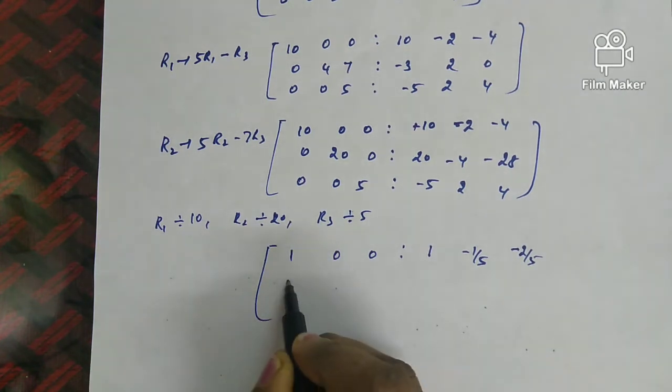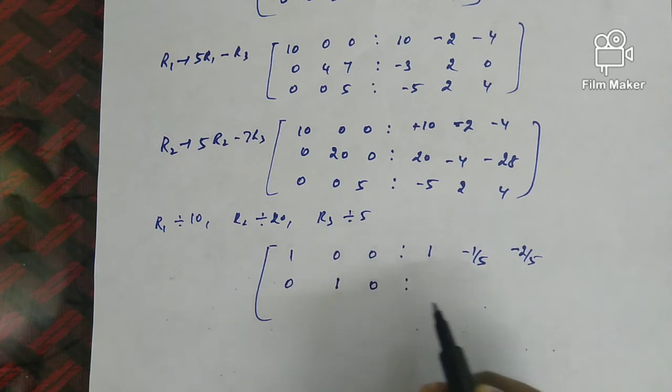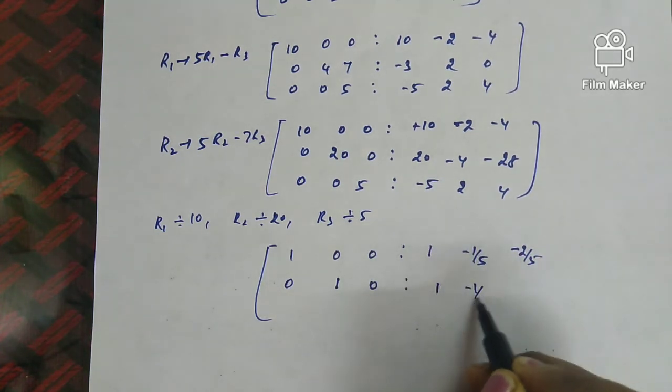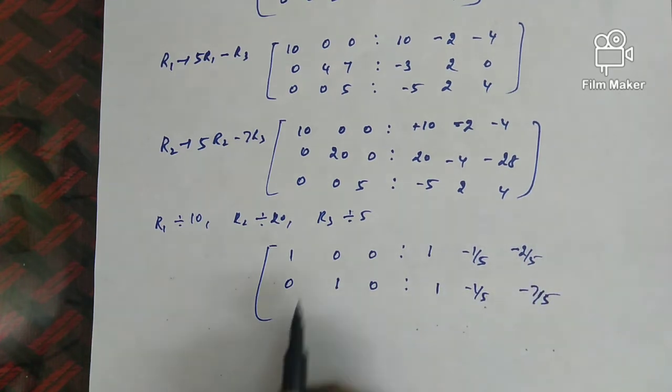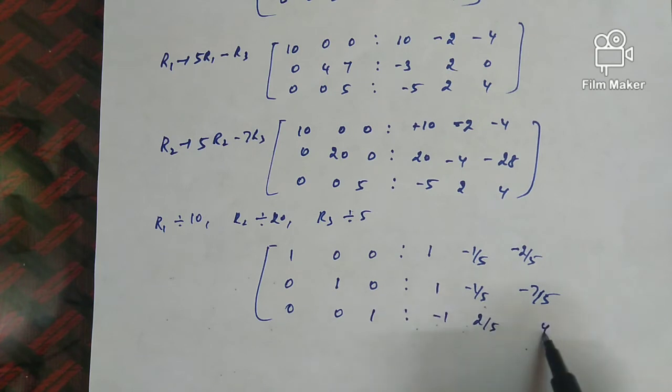In the second row, 0, 1, 0, and here 1, -1/5 and -7/5. In the last row, divided by 5: 0 0 1, and here -1, 2/5, 4/5.